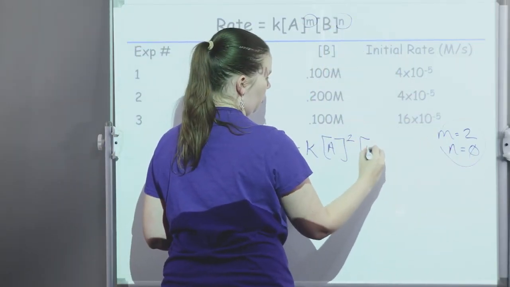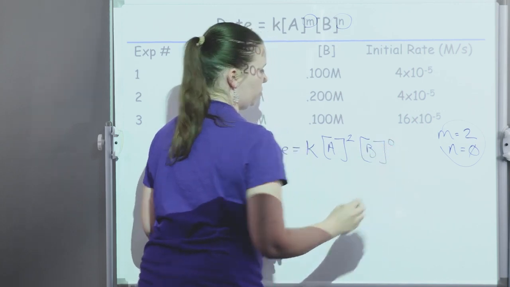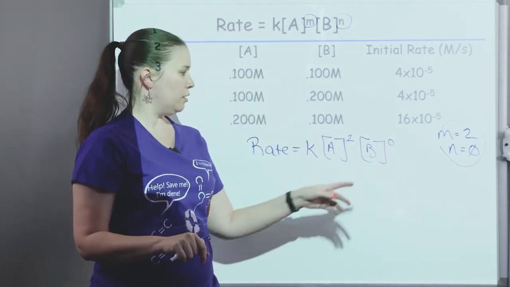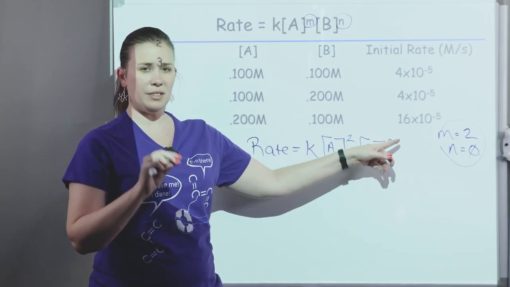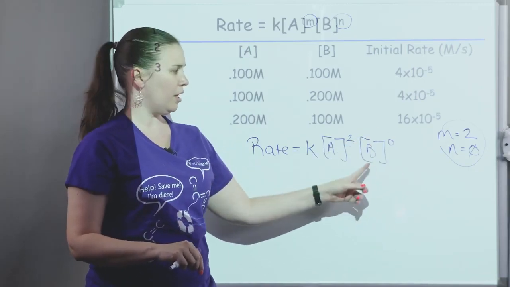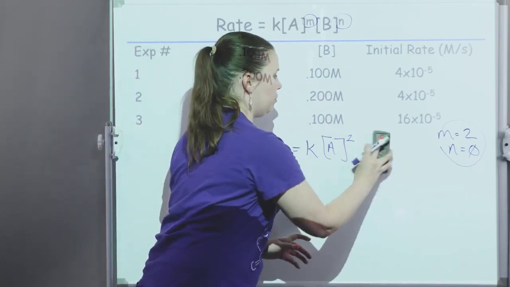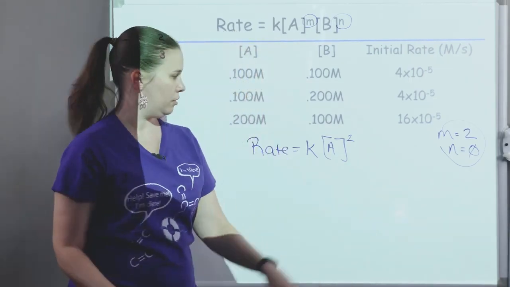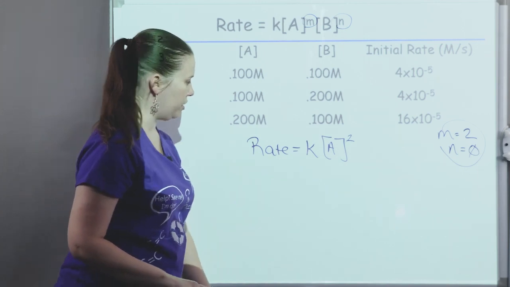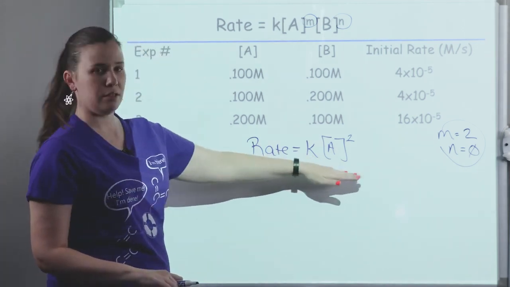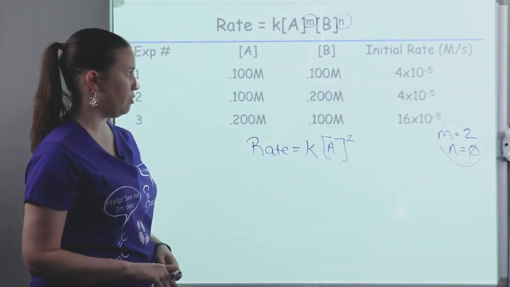A to the 2 and then B to the 0. Here's the thing. If the order is 0, that means that that reactant did not affect the rate, then it has no business being in the rate law. So we're just going to get rid of it. So my rate law is actually simplified down to rate is equal to K times the concentration of A squared.